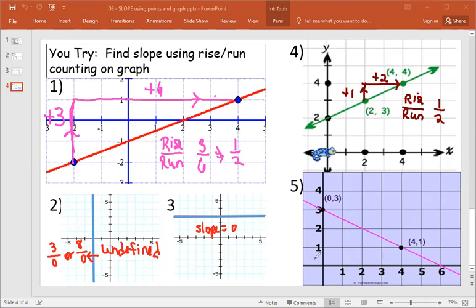All right, number 5. If I want to rise, I'm finding the lowest point here, and I'm going to rise up positive 2, and then I'm going to run over to the left this time. So 1, 2, 3, 4 to the left. That means I'm going in the direction of negative numbers to the left here.